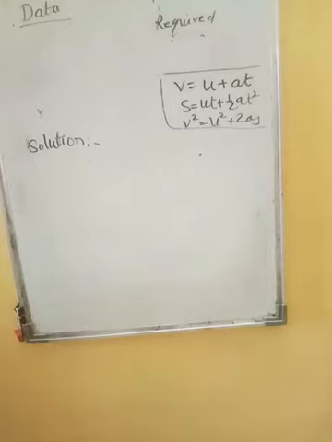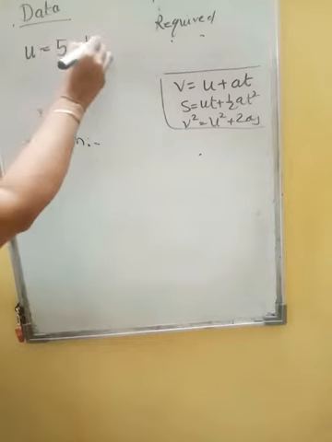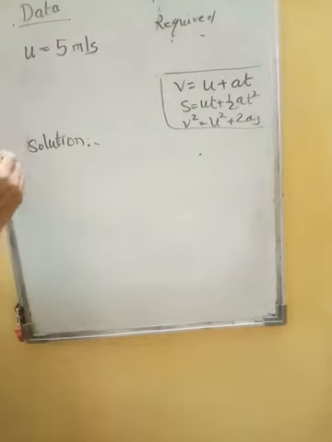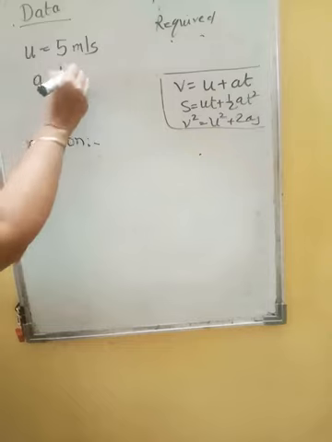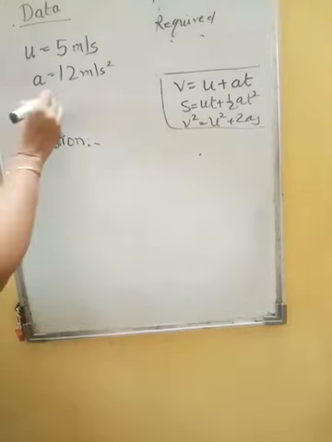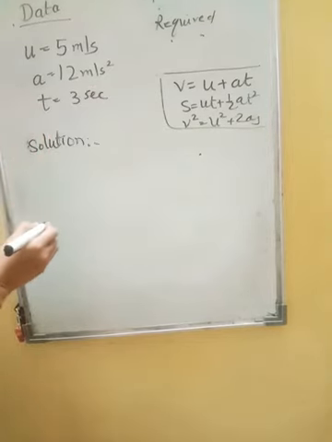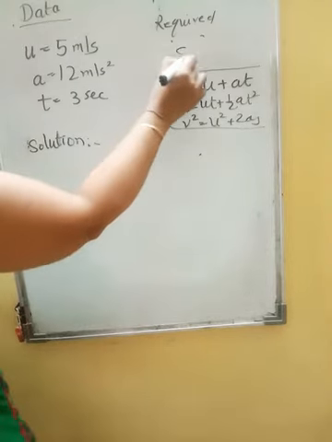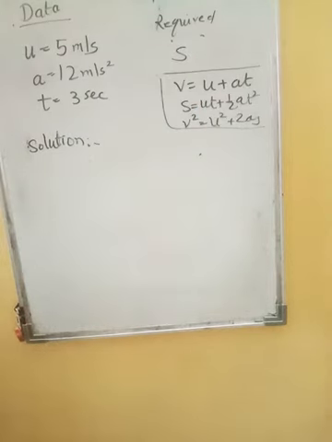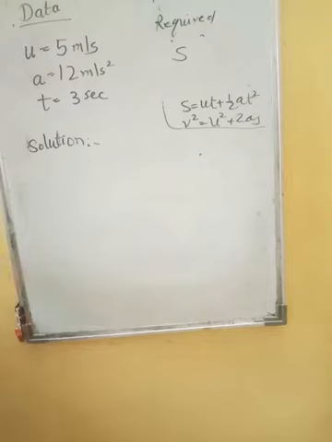So you have here U is equal to 5 meter per second. Then you have A is equal to 12 meter per second square. Then you have T is equal to 3 seconds. And you are supposed to find out S. Now when there is a question of S, obviously the first kinematic equation will not be there.